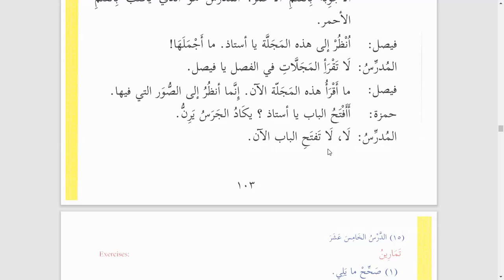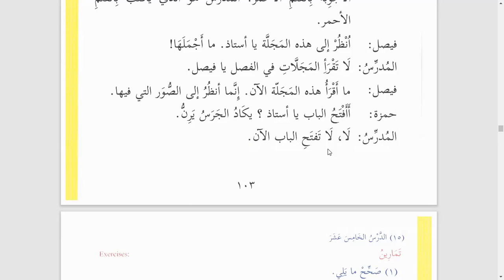But if you are negating something at the moment, only then we will use ma with the present tense. When you say ma aqra'u hadhihi al-majallata, that means I am not reading this magazine just now. He means to say this is not my habit to do on a daily basis, but I am doing it only now, just for the sake of looking at the pictures.